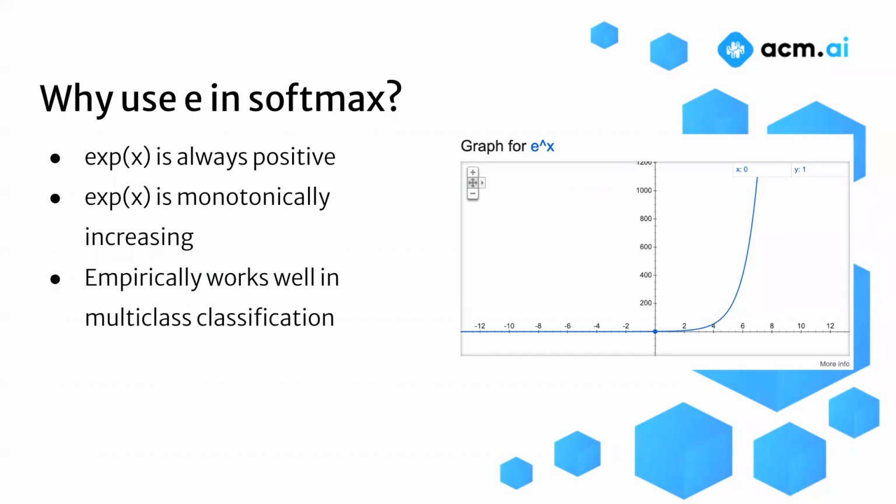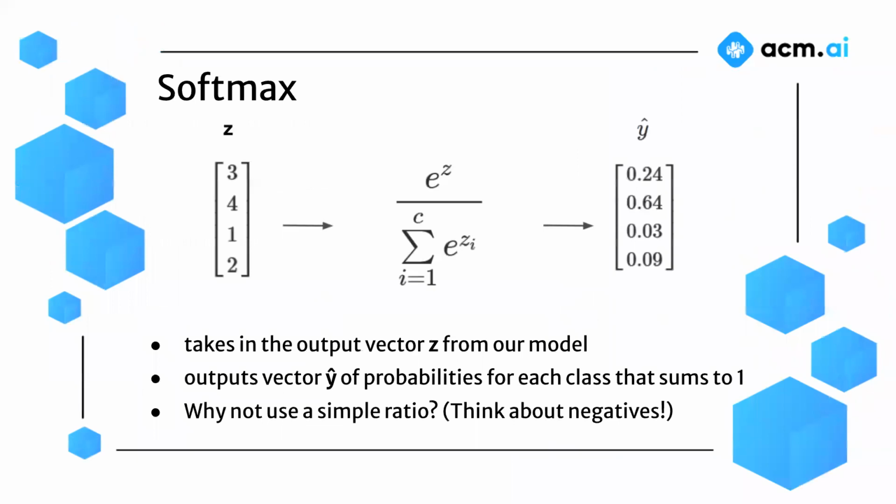The reason we take a monotonically increasing function, intuitively, is you can think of the model as basically just trying to optimize these numbers, okay? For example, if it spits out something like -1000, which is a really negative number, then e raised to -1000 is extremely close to 0.